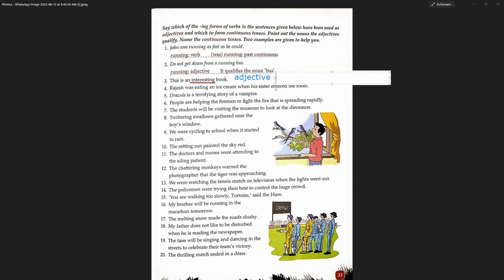Please write here, adjective, semicolon. Shamas, if you have a book, please put number 3 and the page number 33. And please write the explanation for the answer. Adjective, it qualifies the noun bus.